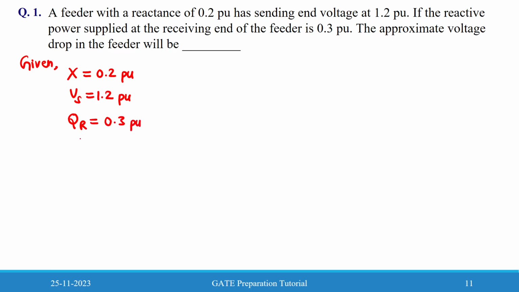The approximate voltage drop in the feeder, that means it is asked about delta V, Vs minus VR is equal to what? You have to answer in per unit value.